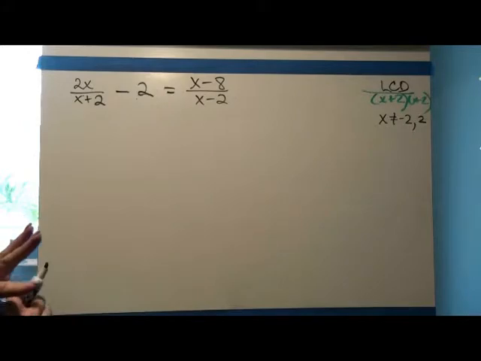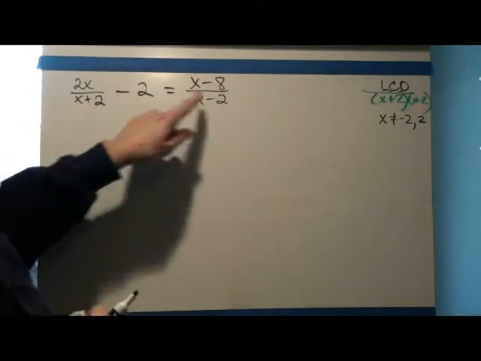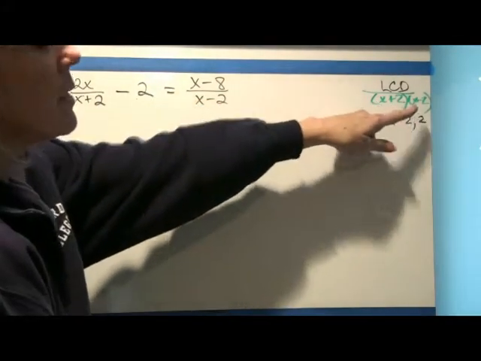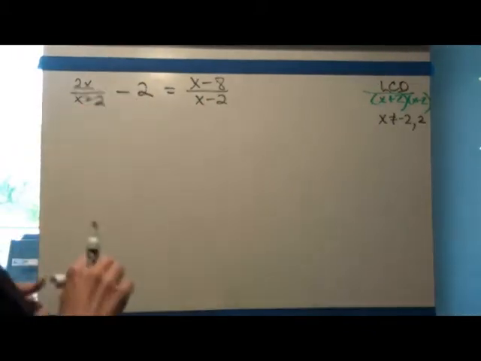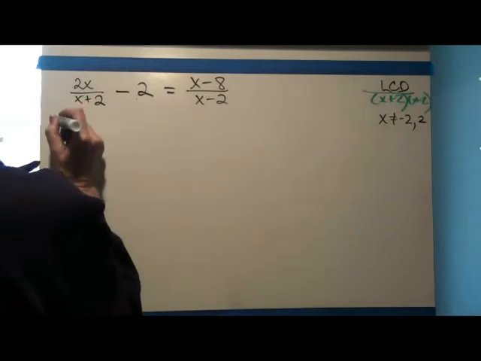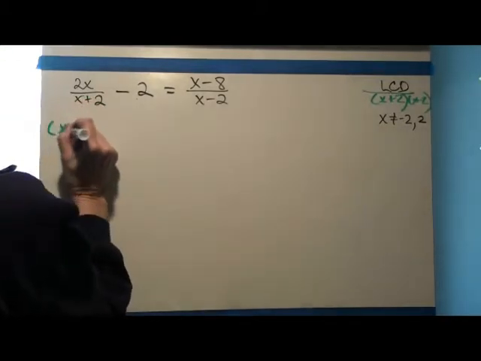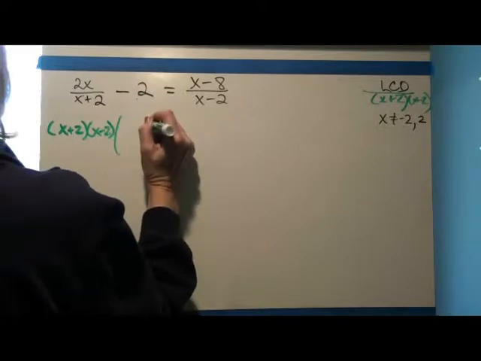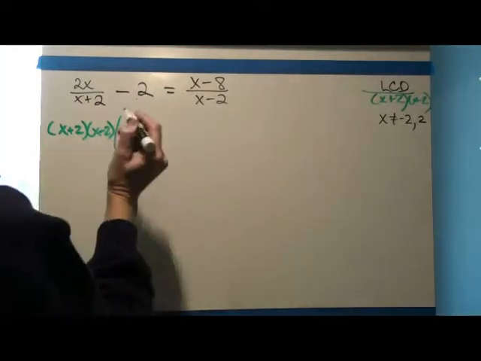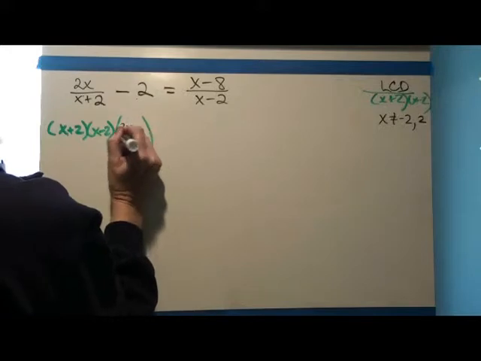Okay, so let's get started. We're going to multiply each term by the least common denominator, basically distributing it on the left and multiplying it there on the right. So let's start with x plus 2, x minus 2 times the first term.